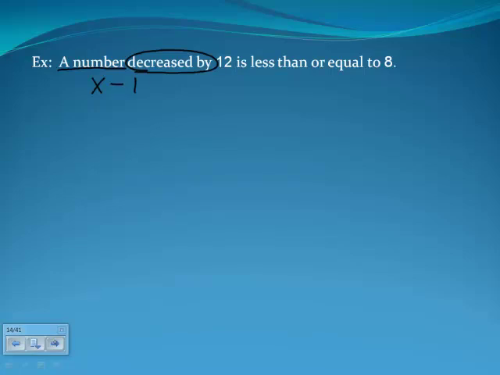Well, decreased by 12. So x minus 12 is less than or equal to. This is why we reviewed inequalities. The symbol for less than or equal to is an arrow pointing to the left, and then it has that equals portion as well. Is less than or equal to what? 8.